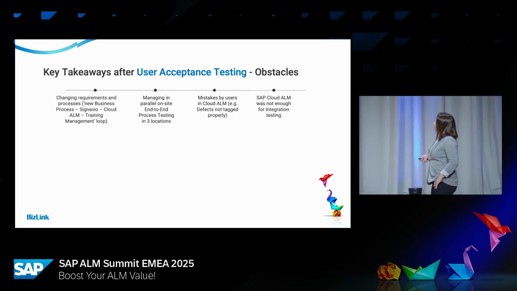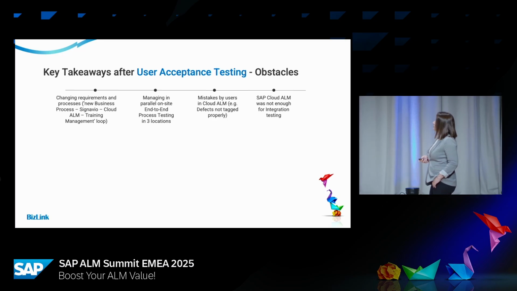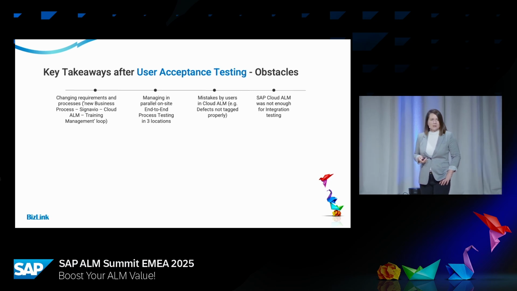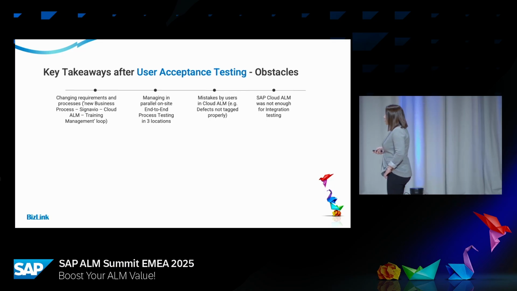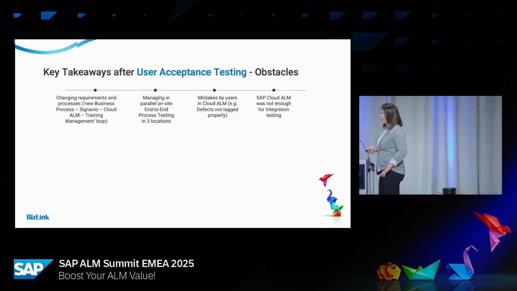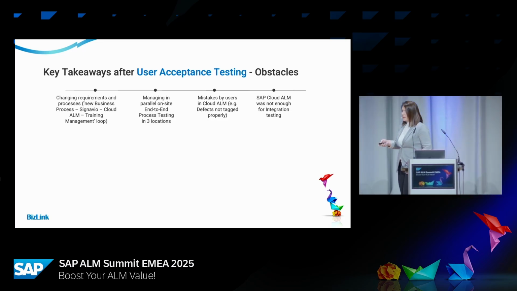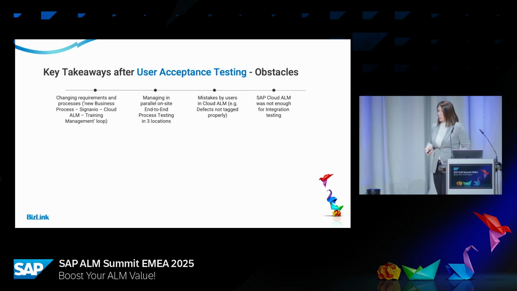What we saw challenging is we had user acceptance testing in parallel in 3 locations. So this is extensive and a bit exhausting because you need to stay on top. We are talking about end-to-end testing, where you have more departments working in a sequence. One is expected to execute test A, and then we switch to test B, and so on.